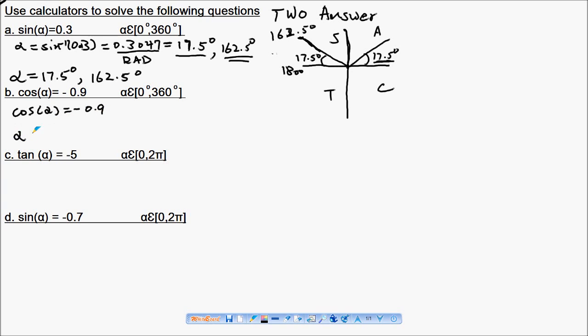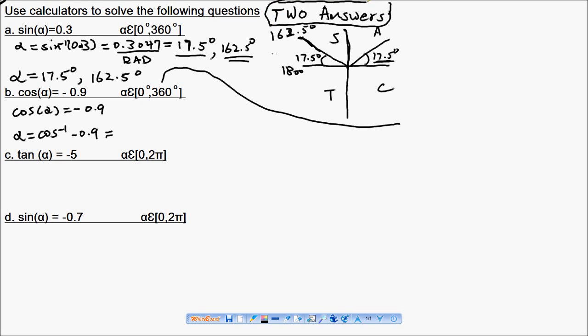So alpha will be inverse cosine of minus 0.9. Our graphic calculator would only give us one value, but actually there are two answers.